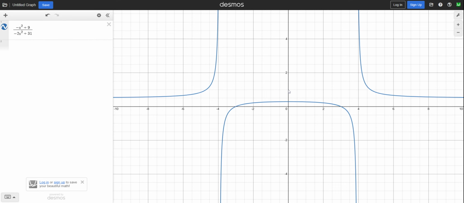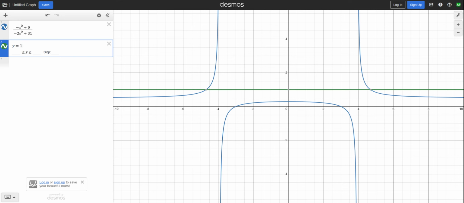Notice this right here, I want to do something. Y equals 1. Well, it's getting close. 1 is halfway between the 2 and the 0.